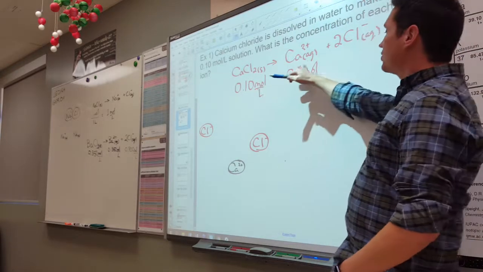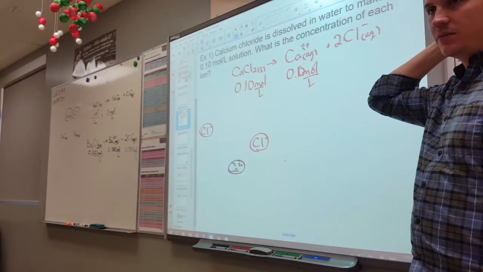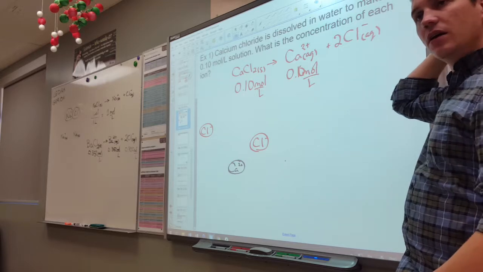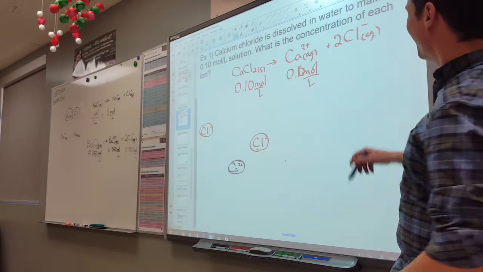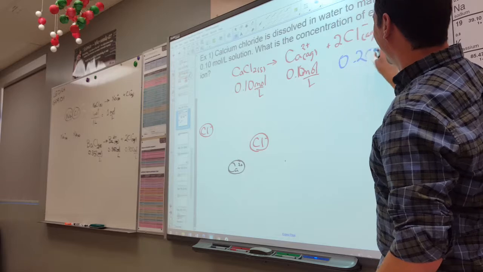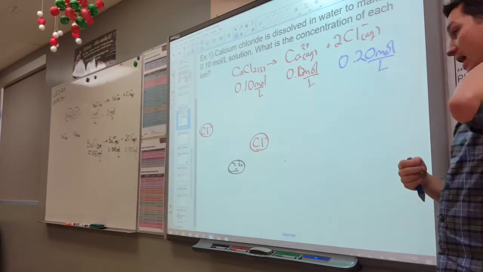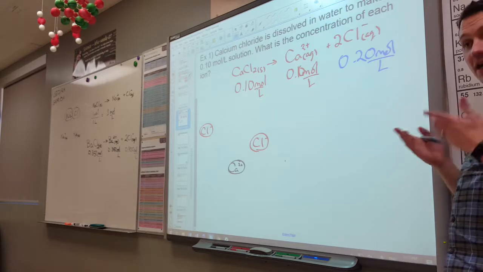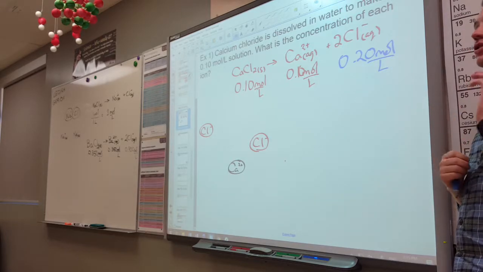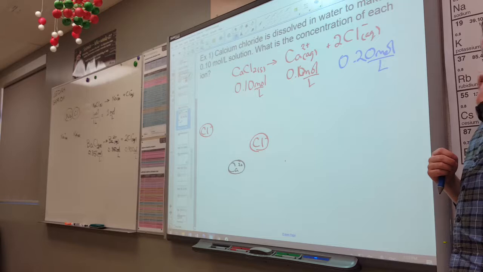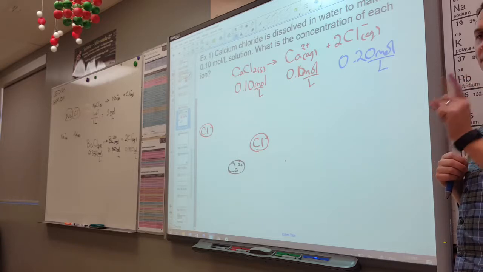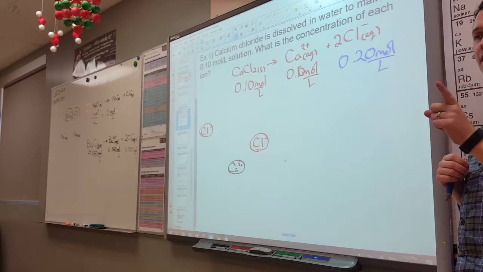Now, what's the concentration of the chloride ions going to be? Aaliyah? Double. 0.20 moles per liter. Now, was that pretty easy math for us? That was, yeah, probably pretty easy math. I'm going to show you the way we could prove it mathematically, and I want you to pay attention to the details.